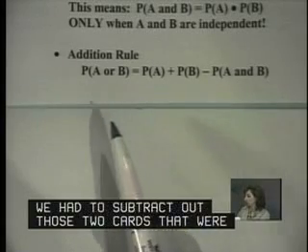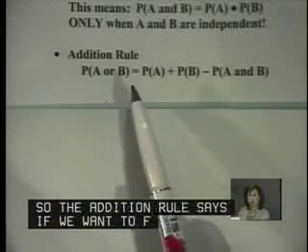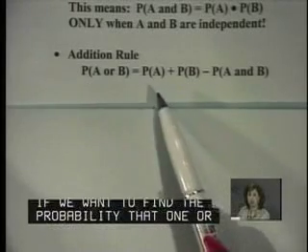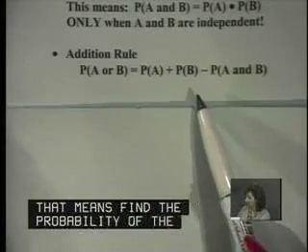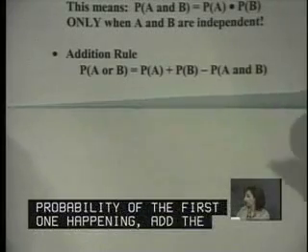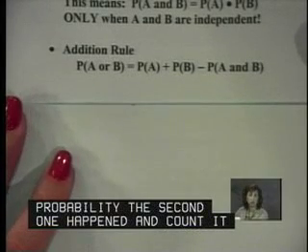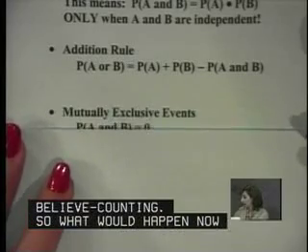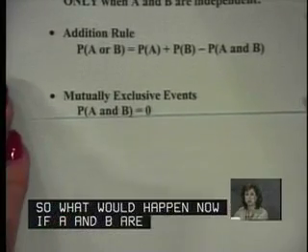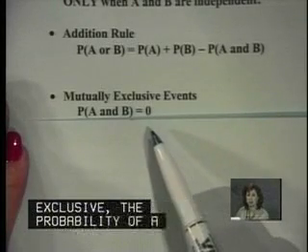So the addition rule says if we want to find the probability that one or the other or both happens, that means find the probability that the first one happened, add the probability the second one happened, and count it out, the double counting. So what would happen now if A and B are mutually exclusive? If A and B are mutually exclusive, the probability of A and B both happening is 0.